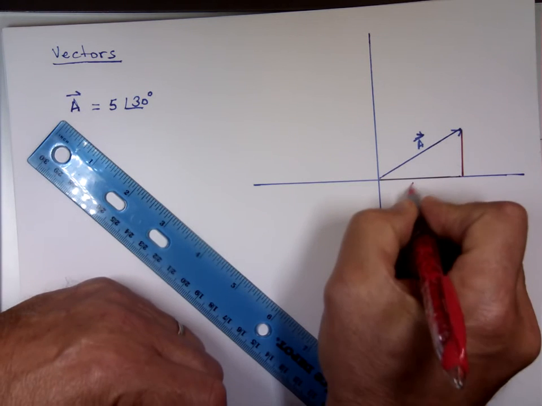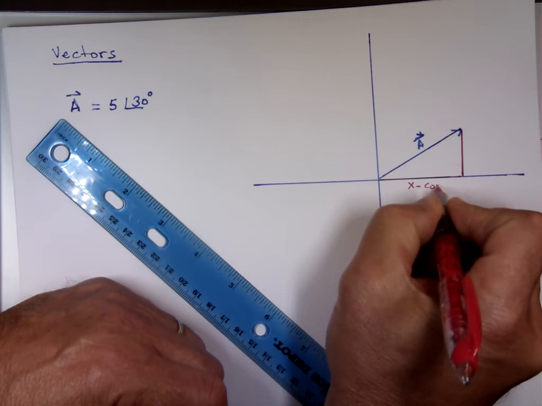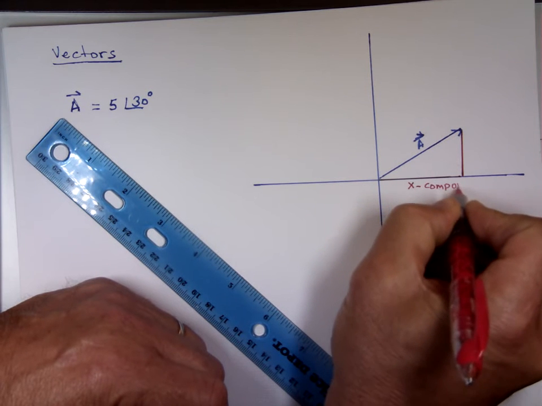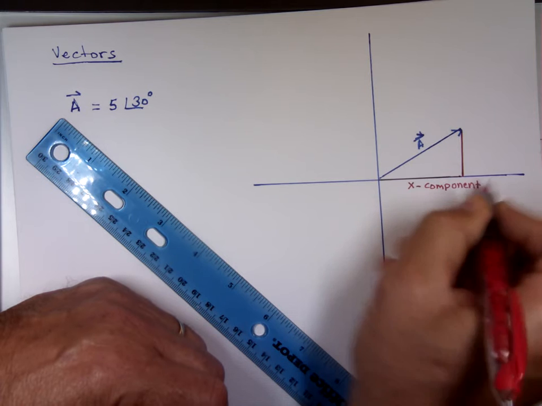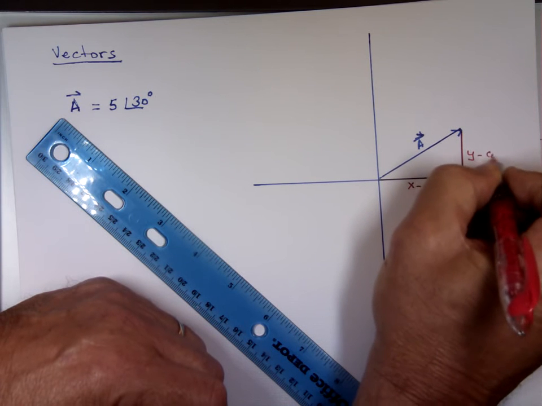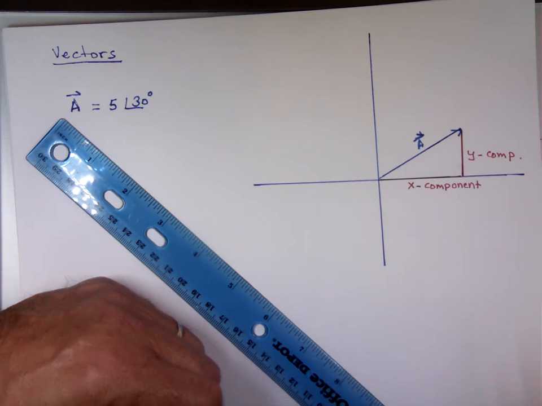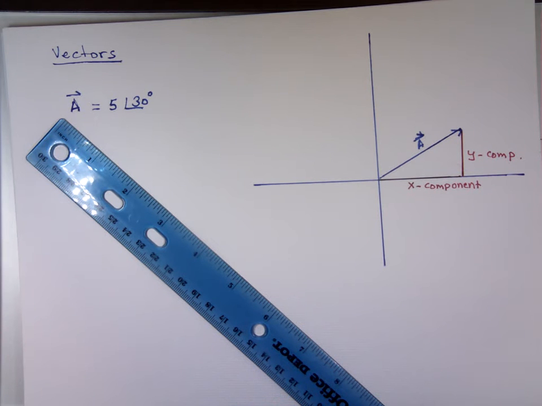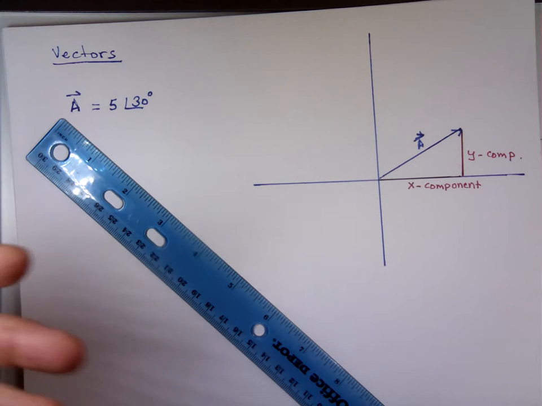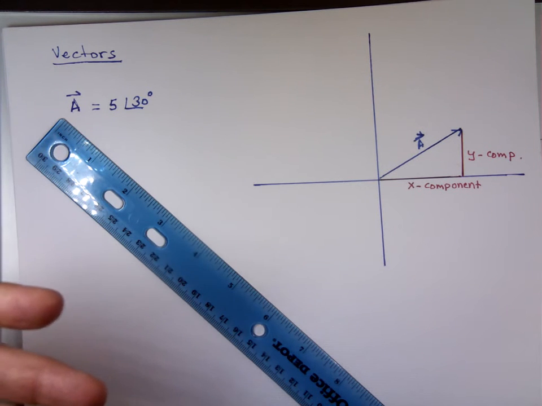So this is the x component. And this is the y component. I'm out of space there. So what's the value of the y component? What's the value of the x component? We measure them.